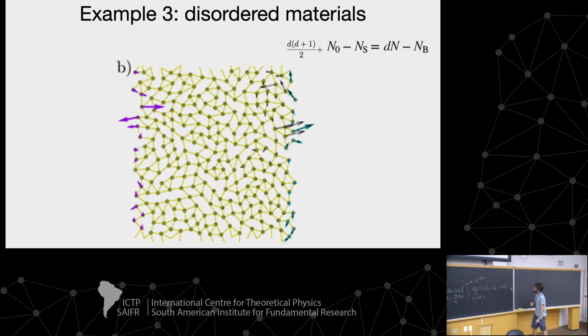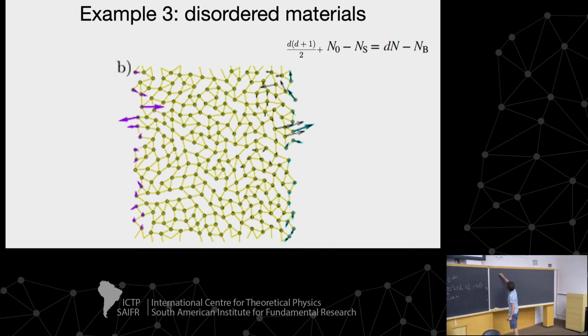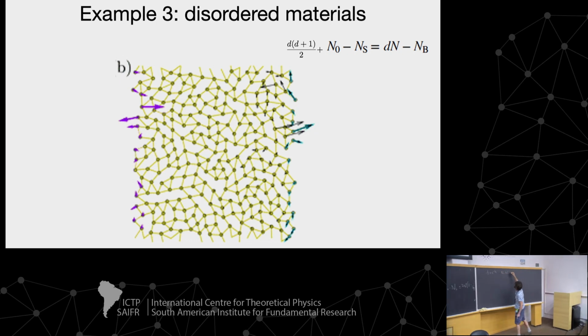And so what we learned from that is that if z is smaller than 4, then n naught minus ns is going to be proportional to n, because this number here is going to be bigger than 0, which means that when you're under-coordinated, when z is smaller than 4, your number of floppy modes grows with the system size.